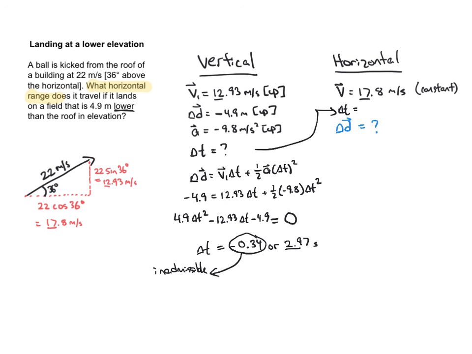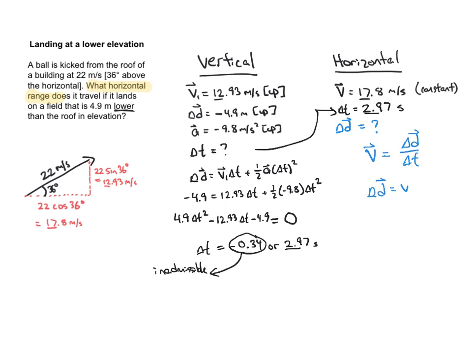So that time can now be transferred over to the horizontal side. So I'll just write 2.97. And now I can carry on and find the displacement. So the horizontal velocity is constant. So we can just use the formula velocity is displacement over time, and isolate for displacement.